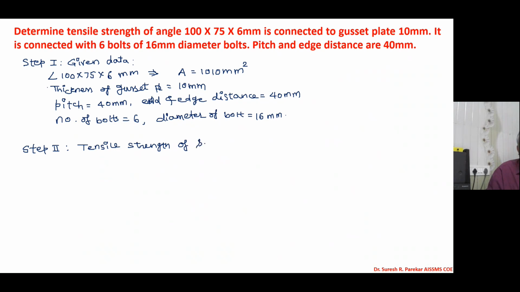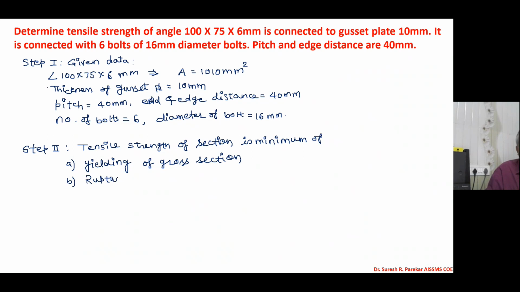Tensile strength of the section is the minimum of: first, I will write A, yielding of cross section; B, rupture at critical section; and third, block shear strength.